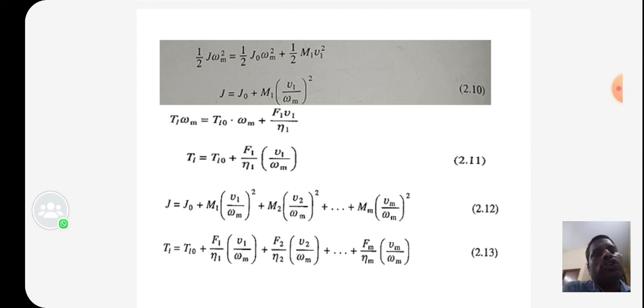Now the equivalent torque TL is equal to TL0 plus f1 upon eta 1 within bracket v1 upon omega m plus f2 upon eta 2 within bracket v2 upon omega m plus up to fm upon eta m within bracket vm upon omega m. This is the equivalent equation of the moment of inertia and load torque.